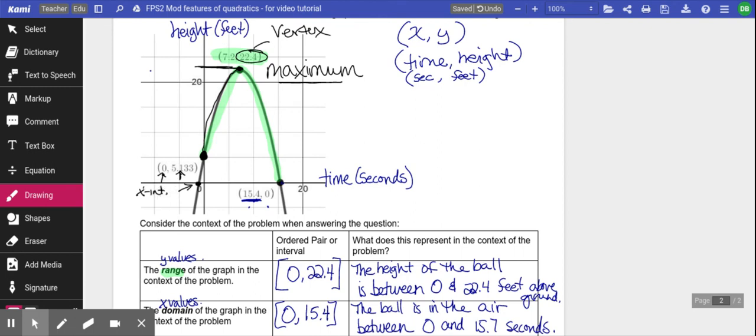But the reason that I did not include that x-intercept is because we were talking about the x-intercepts in the context of the problem. And this x-intercept would have a negative x value, which would mean time would be negative. And we know that that is not in our domain of our problem in context. So that is why we did not include that in our answer.